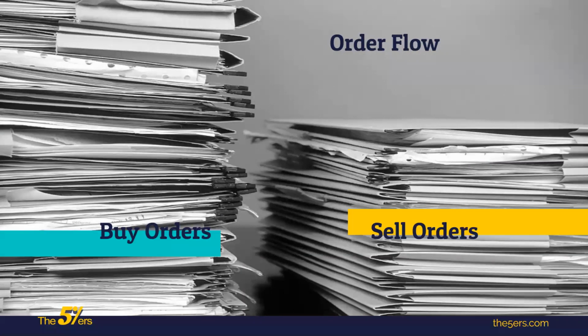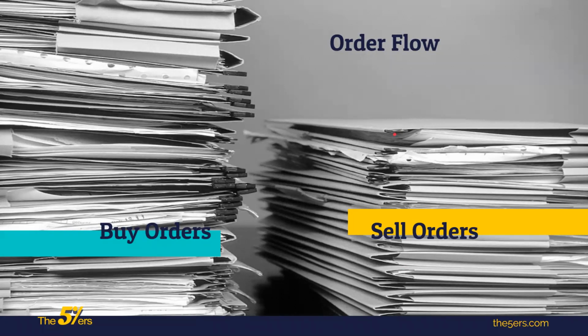Like I explained before, at the exchange central, they are receiving for every price level two piles of orders, one for buyers and one for sellers. Now here you can see that the sellers, in this example, have fewer orders.